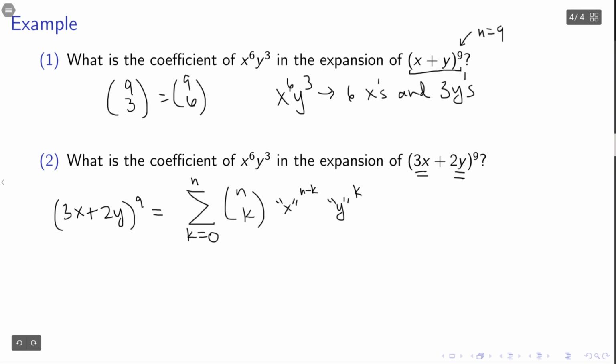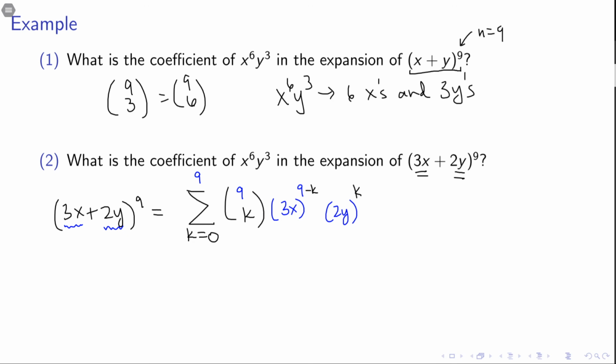But now our x here, in quotations, is this 3x term. And our y here, in quotations, is this 2y term. Moreover, let's just plug in 9 for n. And this is now the expansion of this binomial raised to the 9th power.